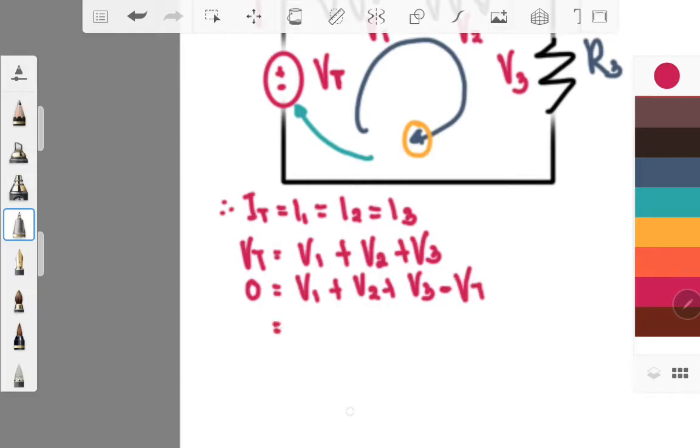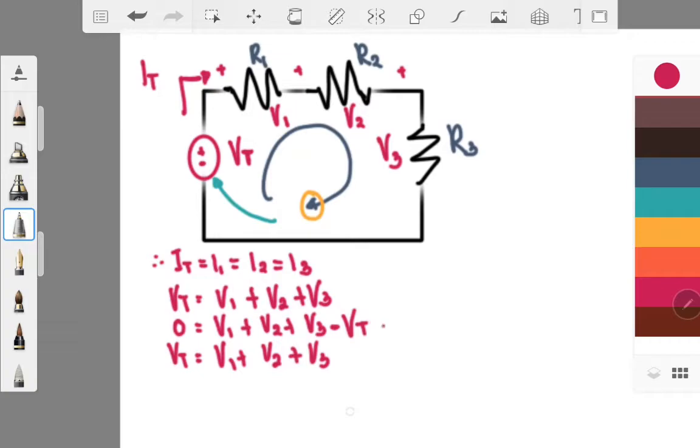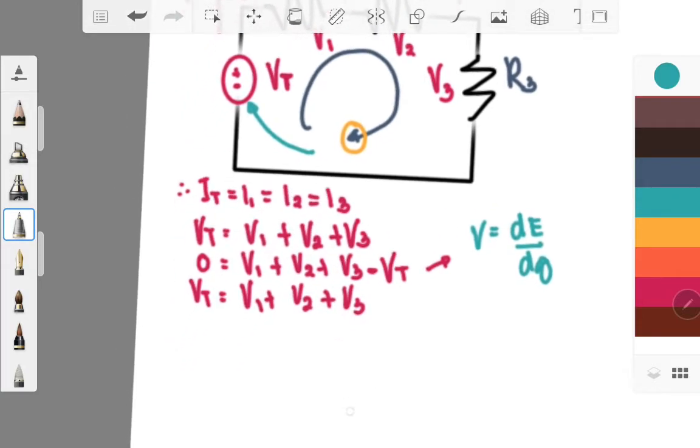So, therefore, since your VT is equal to V1 plus V2 plus V3, pag sinubstitute yung VT dito, your equation will be equal to 0 because that is your conservation of energy. Take note that your VT follows the rule of the conservation of energy because your V is equal to your dE over dQ. Tama ba? It is the change of energy with respect to charge.